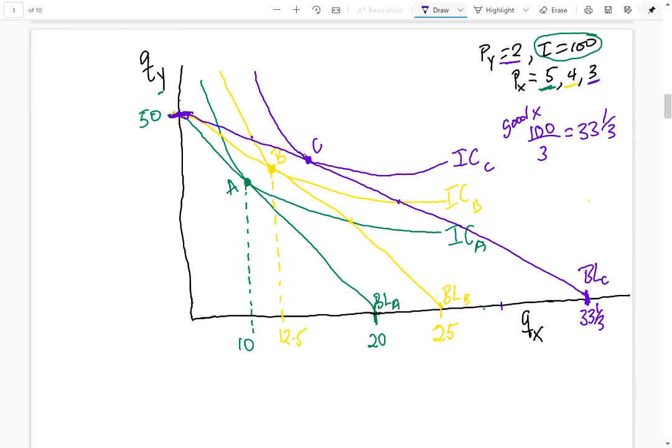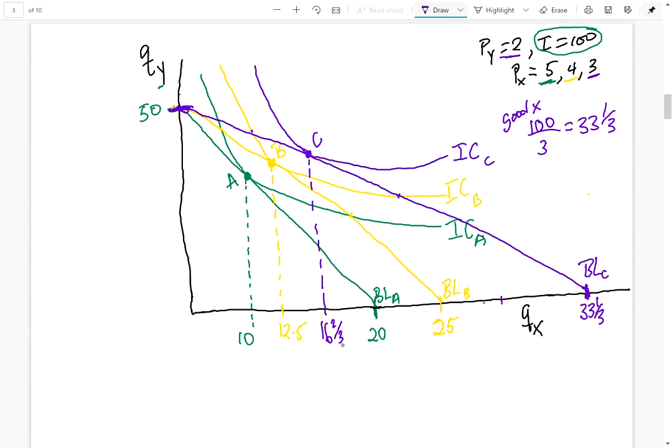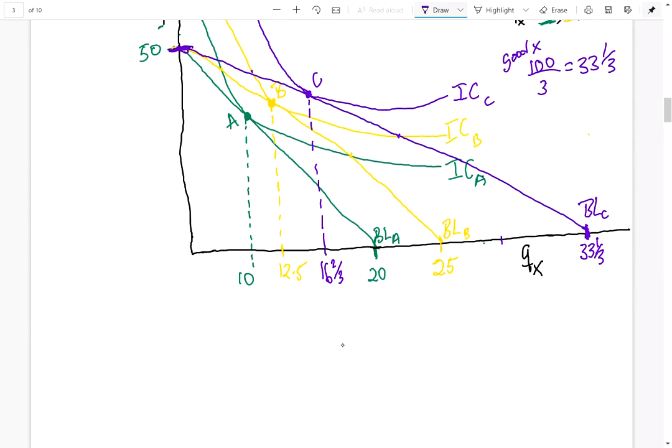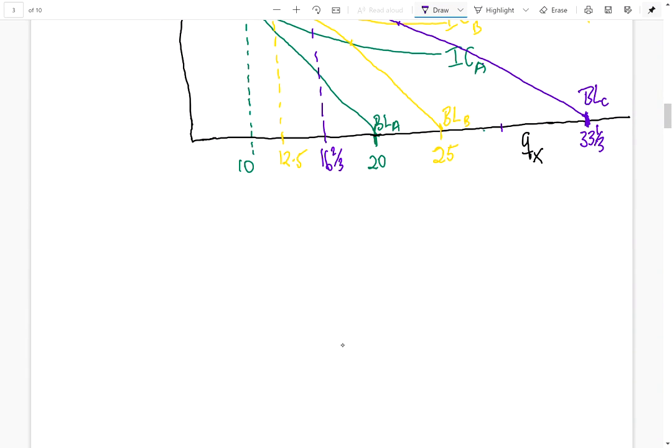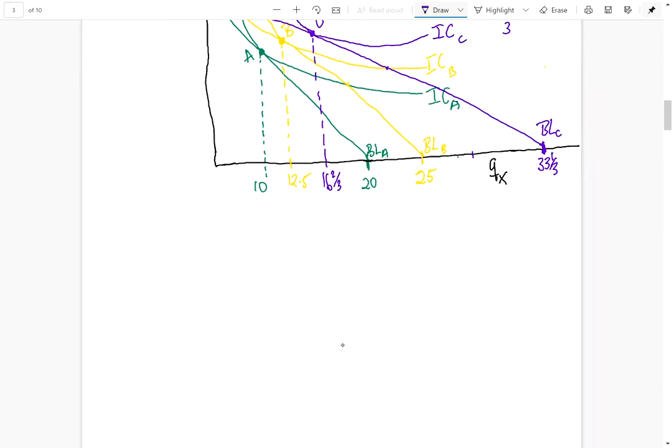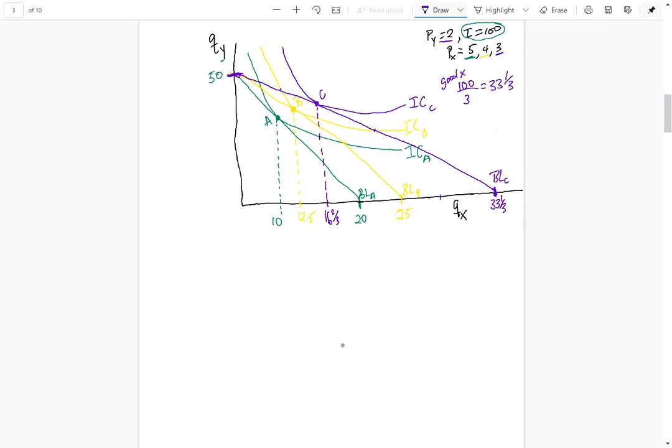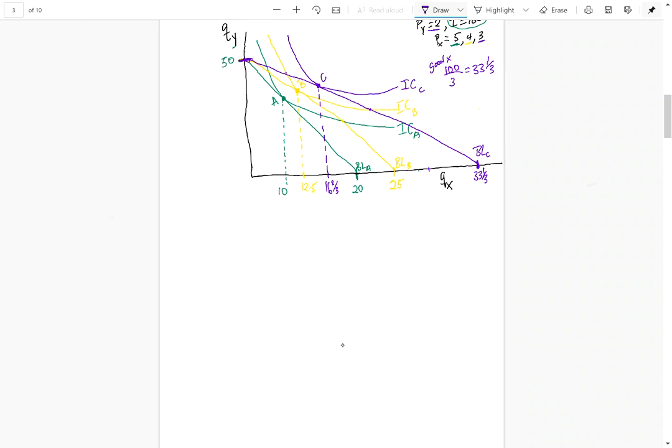So at point C, we know that Rory's consumption is going to be 16 2/3. So from this information, we can trace this down to a new curve. Let me make this a little smaller so we can see this happening on the same page.